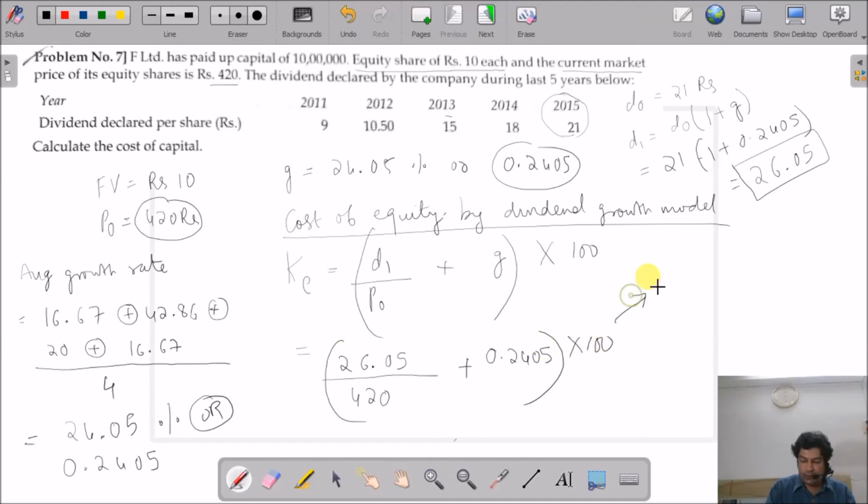So there I will be solving it. 26.05 divide by 420 plus 0.2405 into 100. So I'm going to get the answer as 30.25%. So the cost of equity is 30.25 percentage.